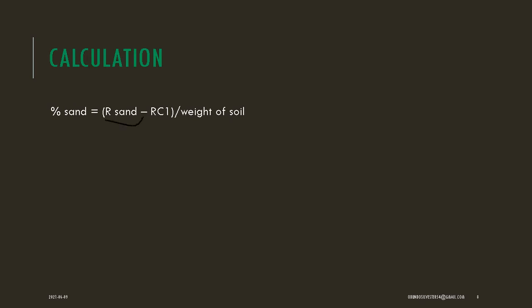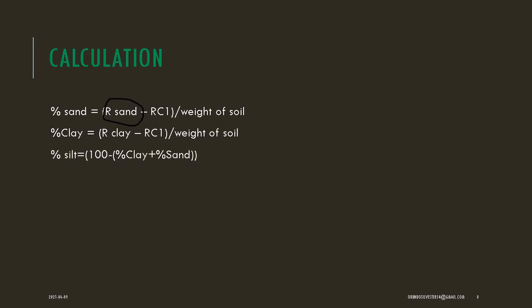R sand, the hydrometer reading given after 40 seconds, gives you the mass of our sand. Next, you have your clay. After 2 hours, the reading gives you the mass of clay. If you want to get the percentage of silt, then it is equal to 100 minus the summation of clay and sand.